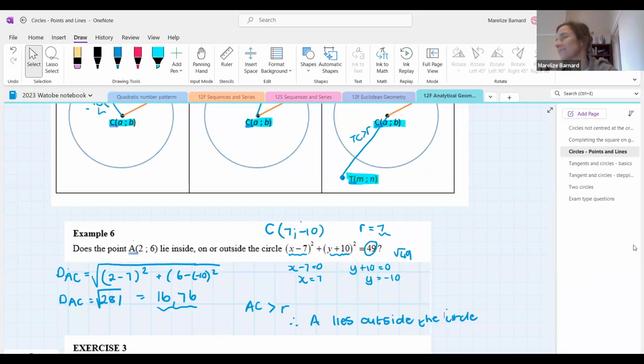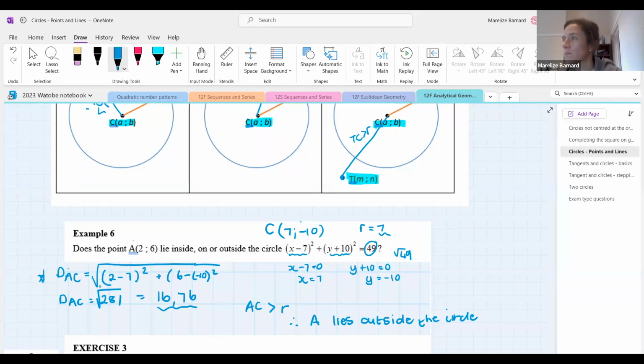I wanted to ask, where does this 281 come from? The 281 comes from plugging into your distance formula the coordinates of A and the center of the circle. So what we did over here. Put that into your calculator and you'll see that is what you get.